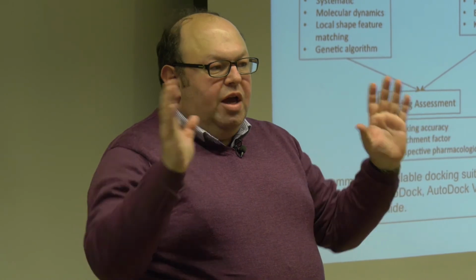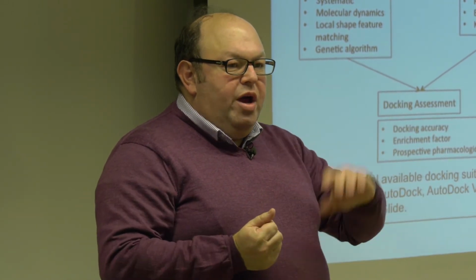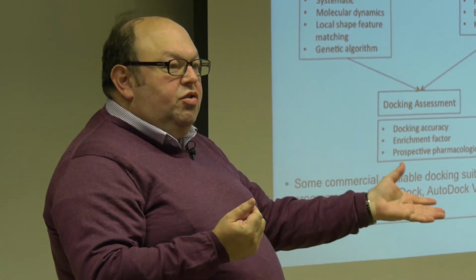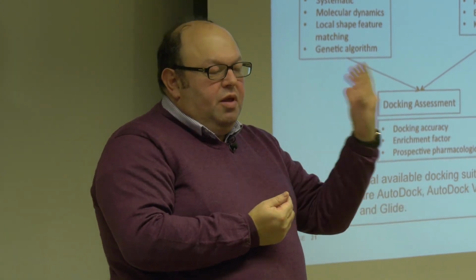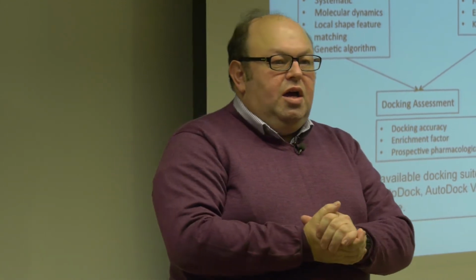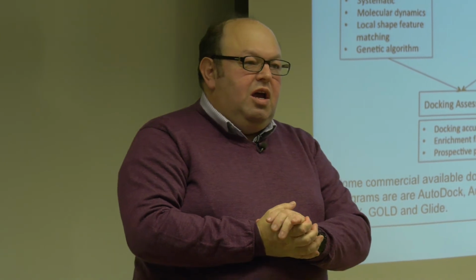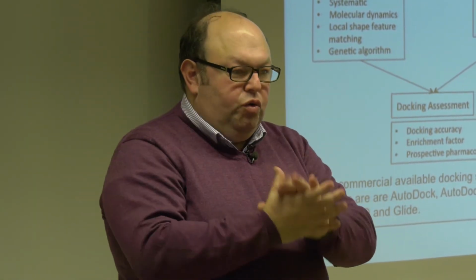There are a lot of debates about which scoring function works well. Usually it's tested again on crystal structures where you have experimental data, and those scoring functions were built mainly on energetic terms and empirical terms, tested on how they performed in finding crystal structure poses.